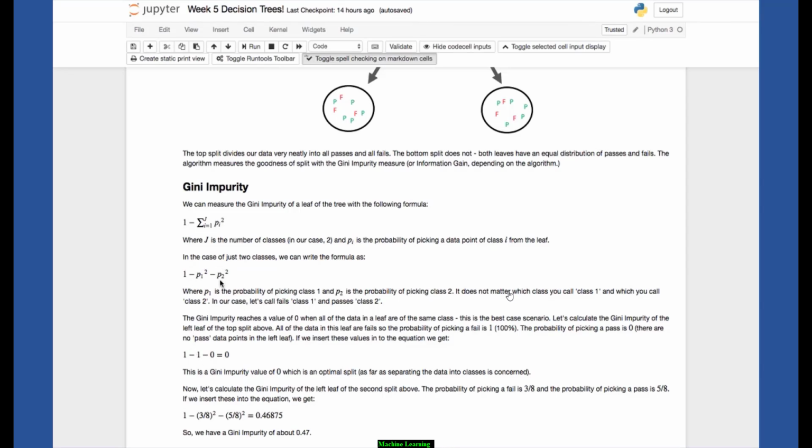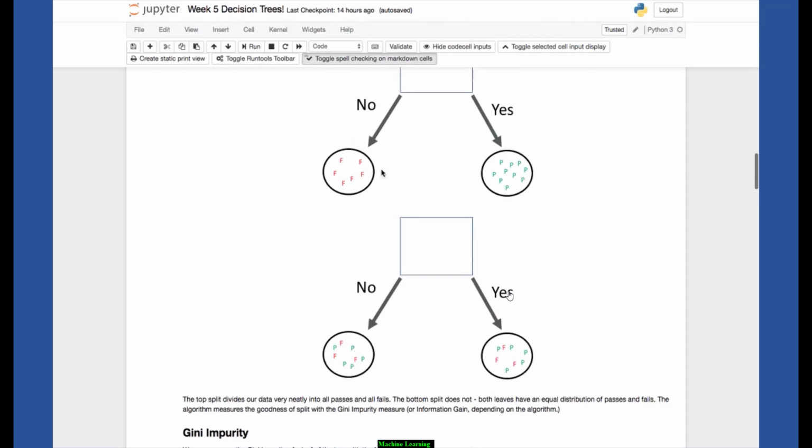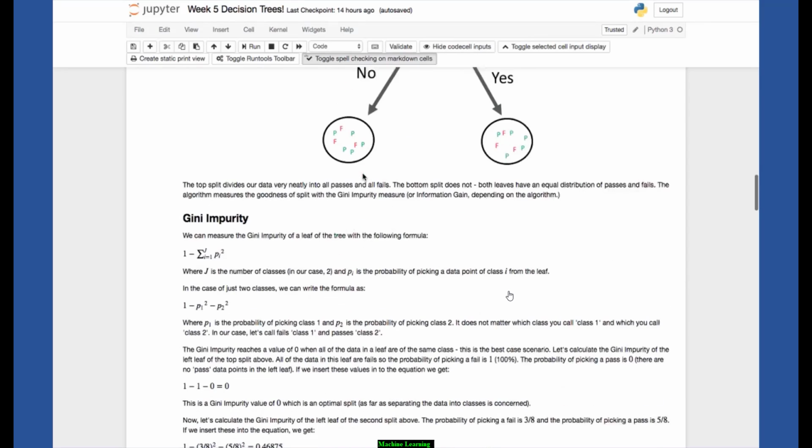The probability of picking a pass is 0, and 0 squared is 0. So the formula is 1 minus 1 minus 0, which is just 0. So both of these leaves have an impurity score of 0, which is perfect, right?